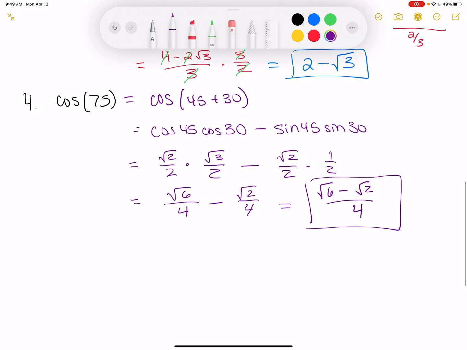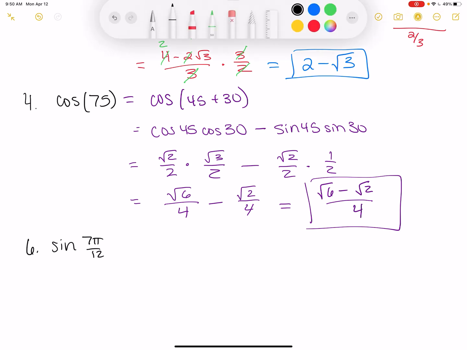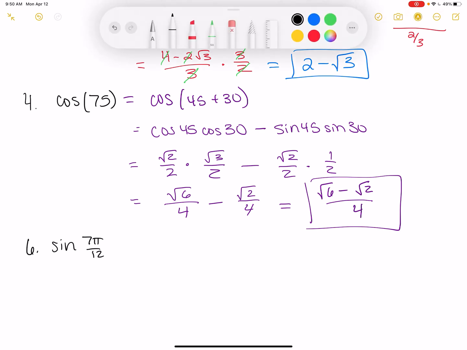All right, you ready for a hard one? The sine of 7 pi over 12. What should I do first? I should convert it: 7 pi over 12 times 180 over pi.